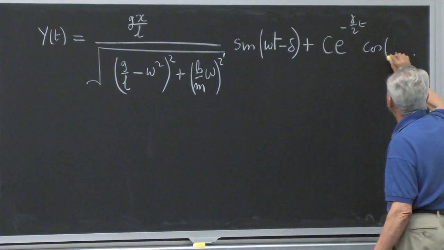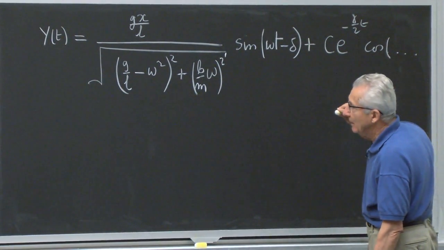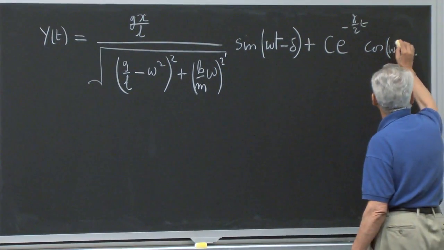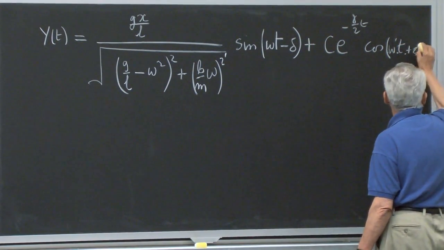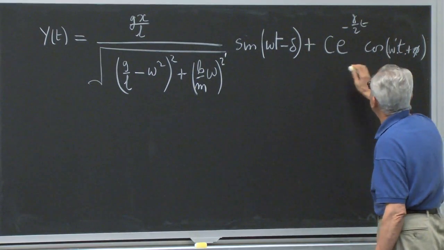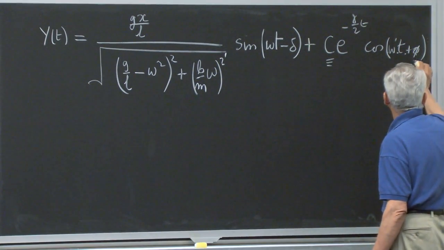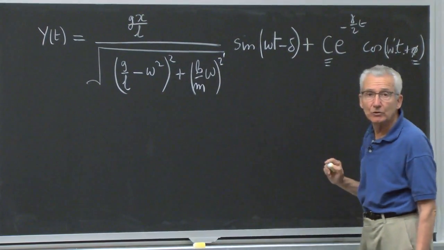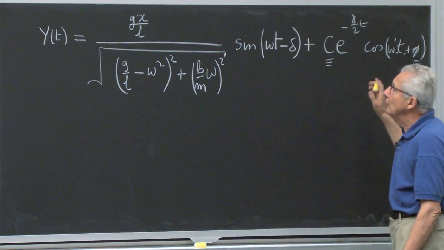Maybe I should at least write that in. That is omega prime t plus phi. And in principle, this and that you can get again by using the initial conditions. I don't want to focus on that.